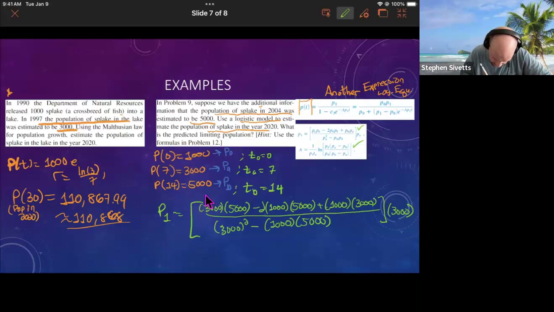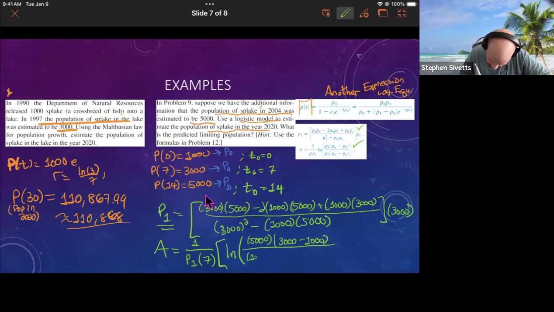And then A is equal to 1 over P1, this quantity right here, times TA, which is 7, times the natural log of 5,000 minus 3,000 minus 1,000 over 1,000 times 5,000 minus 3,000.